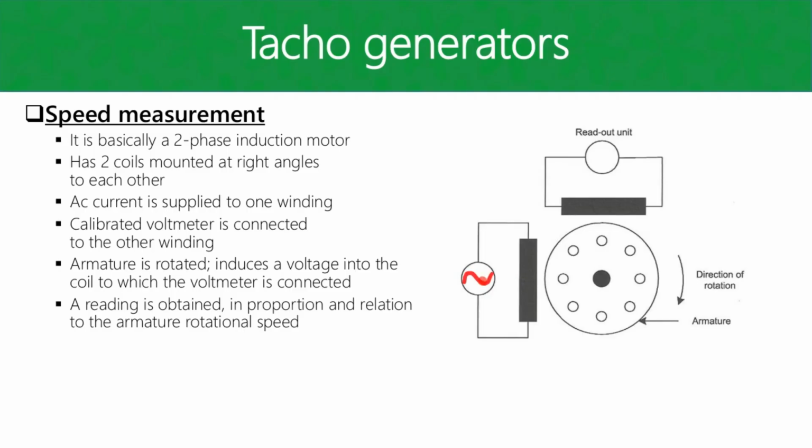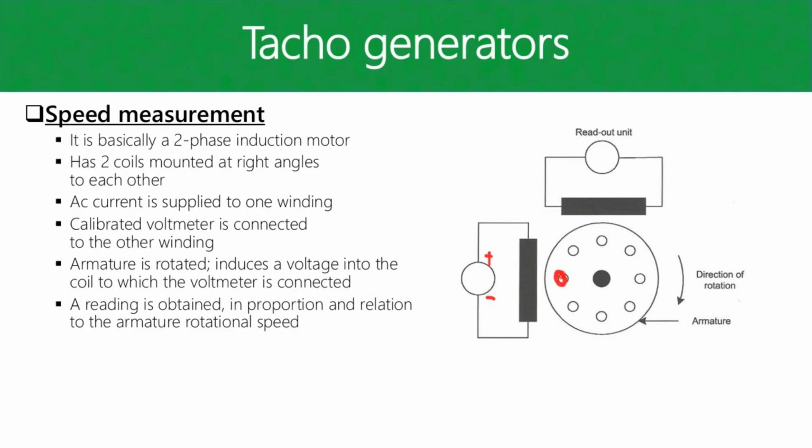I can't remember if it's AC or DC, but in any case, you have a voltage applied to this coil here. In fact, I think it's a DC. So you have a voltage applied here that induces current into the conductors. Essentially, the Tacho generator is almost like a generator of sorts.